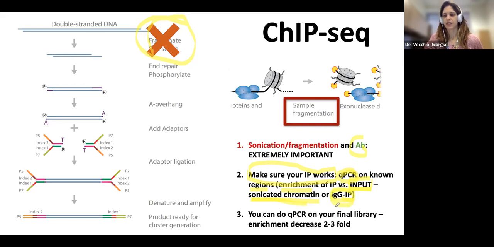So we immunoprecipitate with an antibody that we don't expect to enrich for anything, okay? It's just a non-specific antibody. So we shouldn't see any enrichment here.